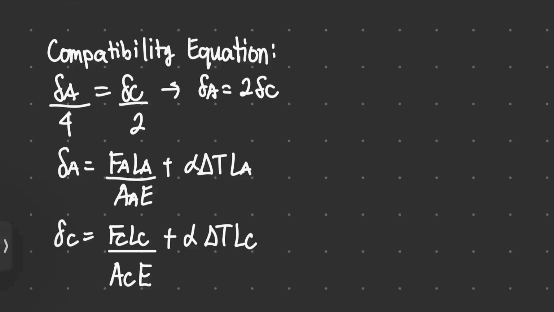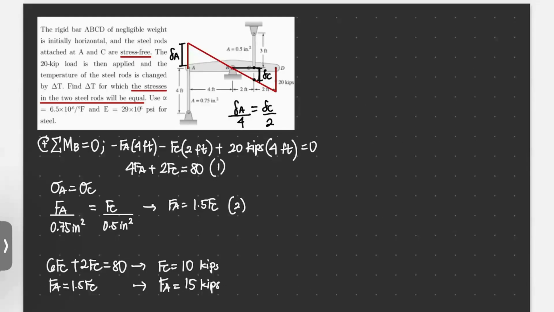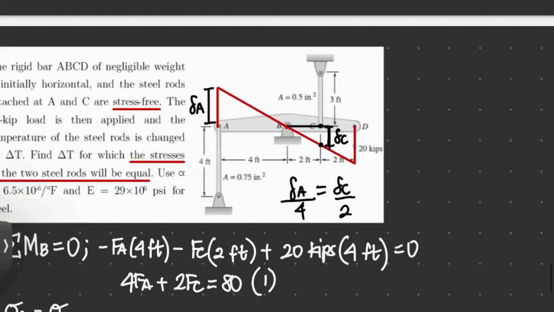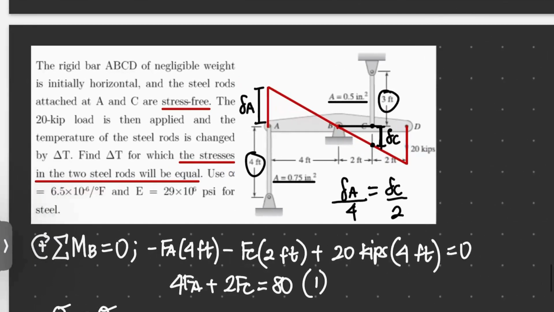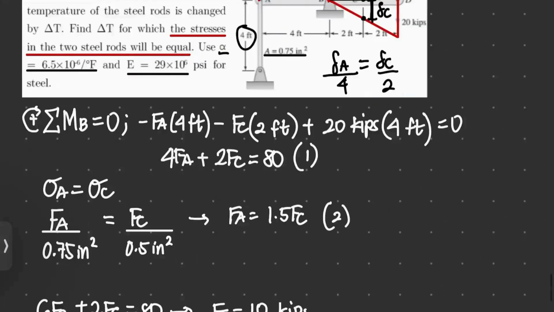So now, let's try to get the values here and determine which ones will be unknown. So we can see in our givens that all are complete. We have here our lengths, our area, our E value, our alpha value, and we also have our forces.